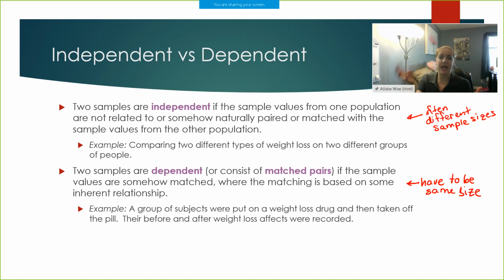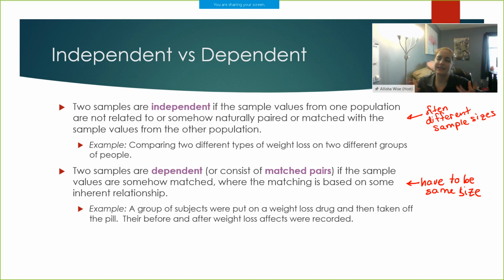You're just taking away the drug, okay? So you're matching to see, okay, person A on the drug, how did they do? Person A off the drug, how did they do? What was the difference between the two? And you do that for all the people on the drug. So it's like you're matching up those people, okay? So dependent, you can match them up.